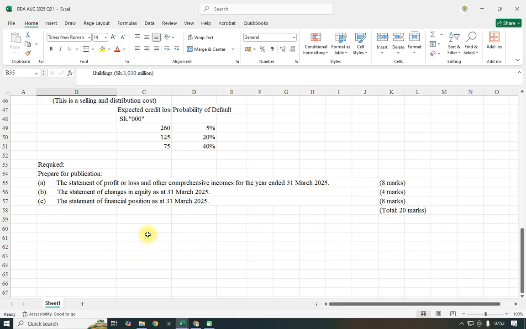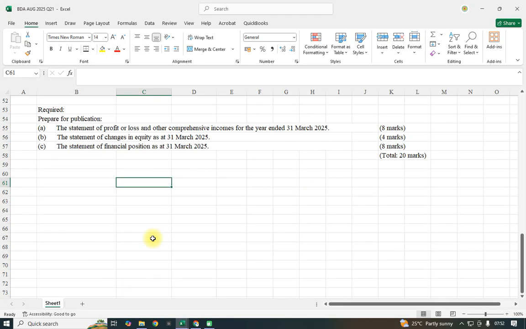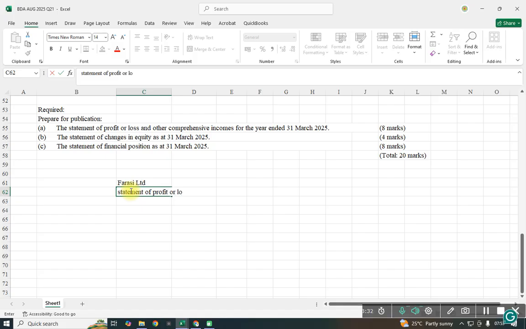So we shall do our workings here. Farasi Limited, statement of profit or loss and other comprehensive income for the year ended 1st March 2025.